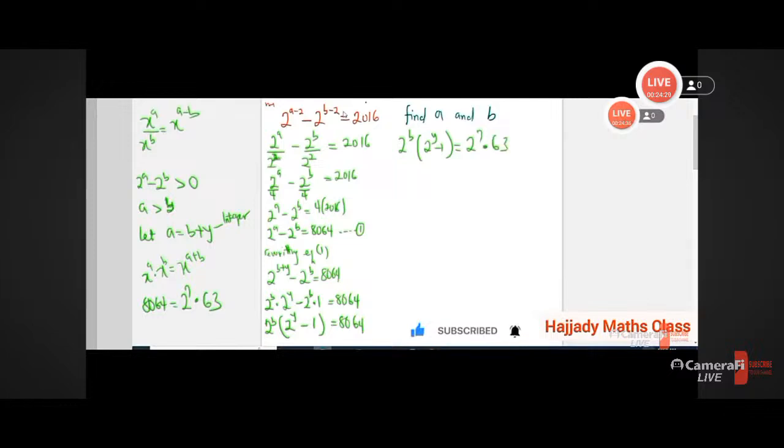Now comparing these two, this is equivalent to this, while this is equivalent to 63. So I can say that 2 raised to power b equals 2 raised to power 7, while also 2 raised to power y minus 1 is equal to 63.